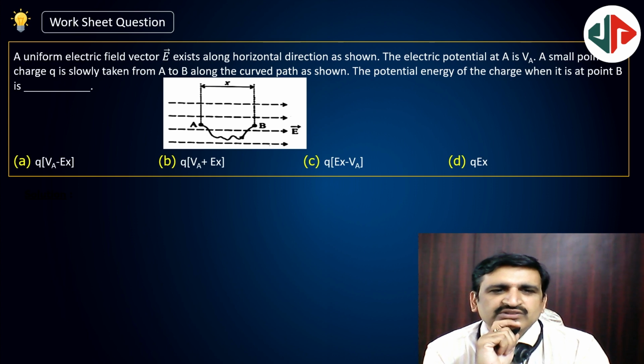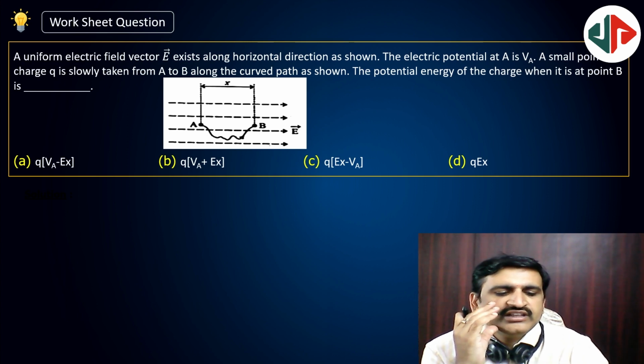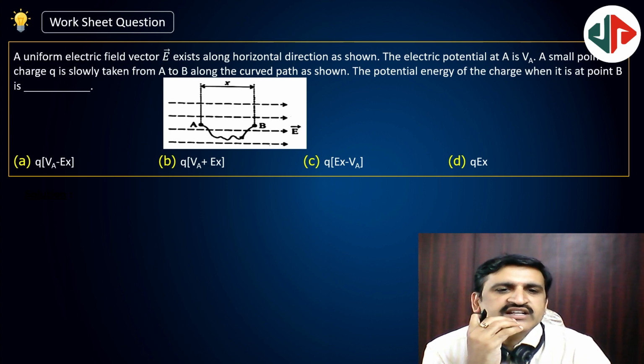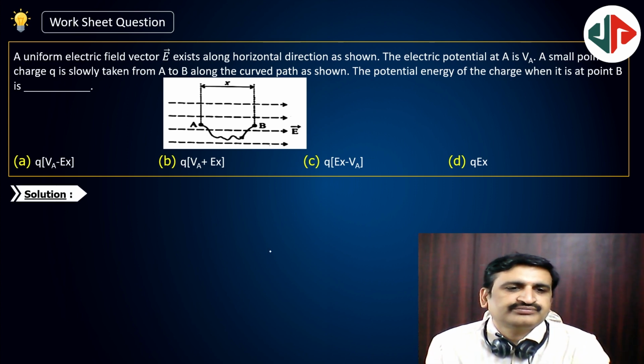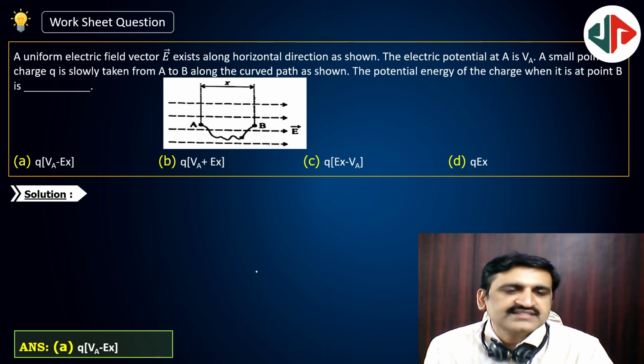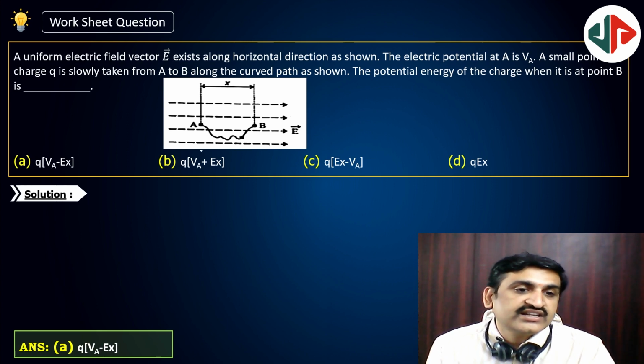Okay, so EX will be the potential. So VA plus EX. Actually, in the direction of field, potential decreases, so B potential is low. So Q into VA minus EX should come, right? Yes, because potential decreases in the direction of field, that's why.